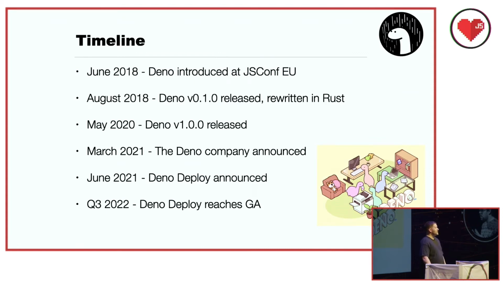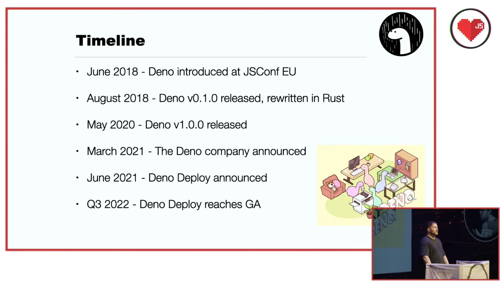And then back in June of 2018, there was a talk given at JSConf EU that introduced Deno, and the goal of Deno was to address some of the perceived shortcomings of Node.js. So Deno was announced in June of 2018. By August of 2018, Deno 0.1.0 had been released.